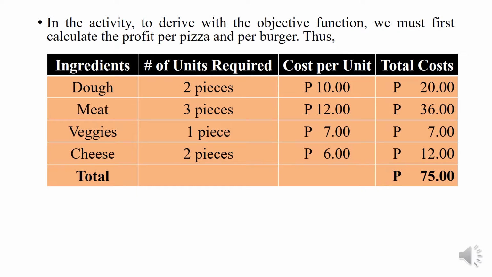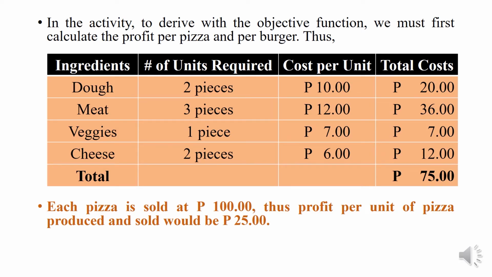This is our cost. Just multiply 2 pieces times 10, so 20, and then 3 times 12, and so on. So the total cost is 75. If our pizza is sold at 100 pesos and our cost is 75, therefore the profit per unit of pizza produced and sold would be 25 pesos, right?